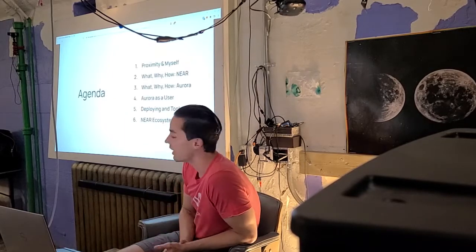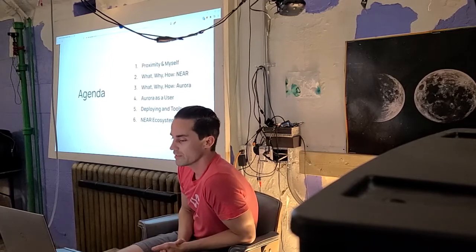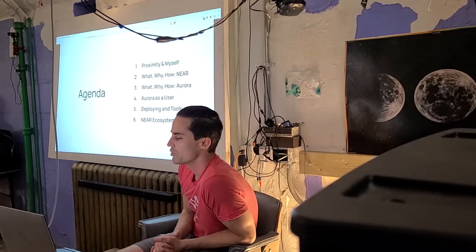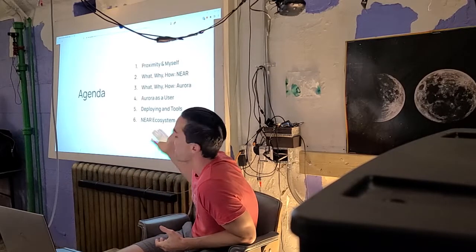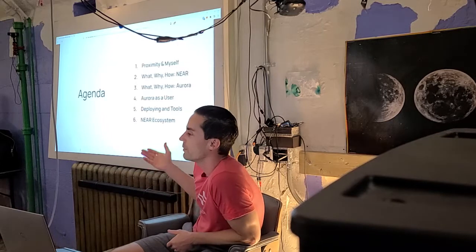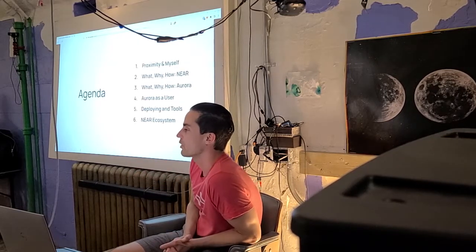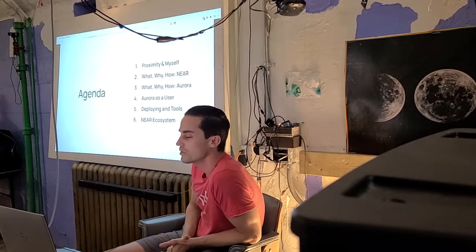So the agenda: Proximity and myself, just very briefly because it's not super important, and I'm sure most people came here for some background and information about Near and Aurora. Then I'm going to talk about Aurora as a user, and how you would deploy smart contracts on Aurora and the tools you would use.